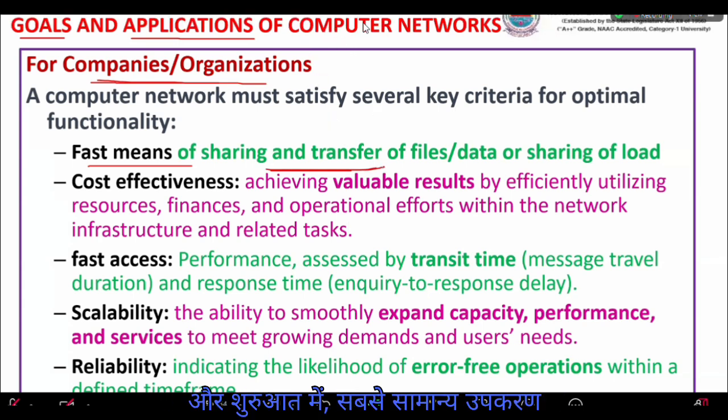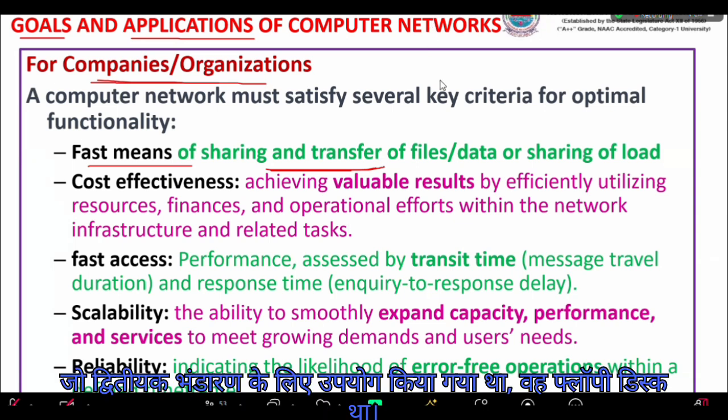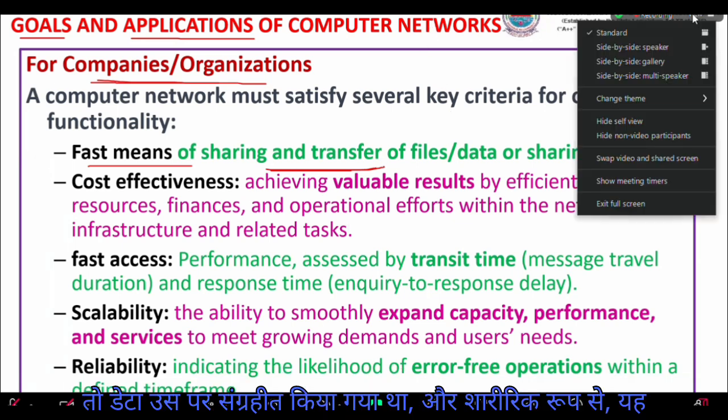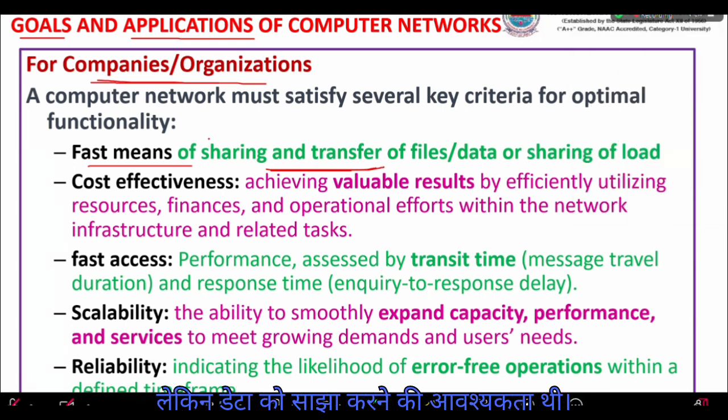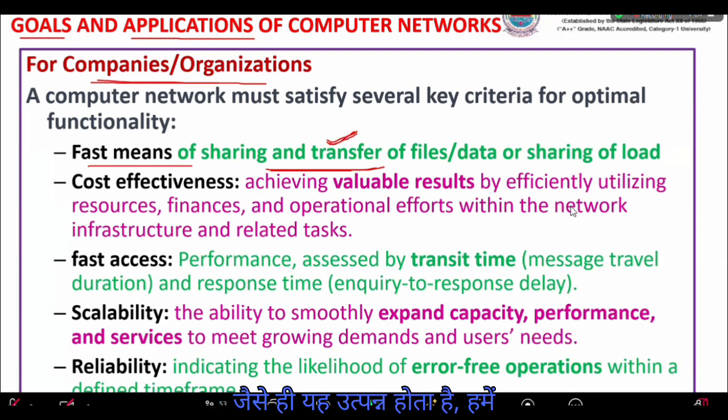Earlier we had secondary storage devices, and in the very beginning, the most common device for secondary storage was a floppy disk. So data was stored on that and physically transferred to the other location. But now there was a requirement that the data should be shared as soon as it is generated.